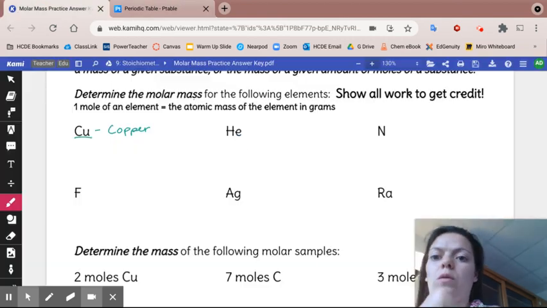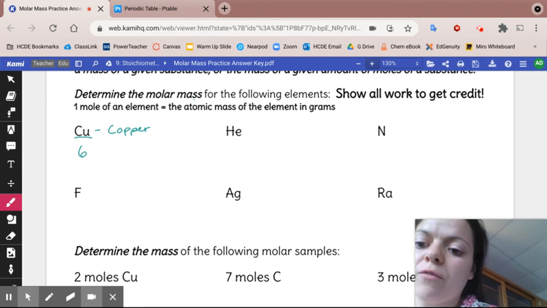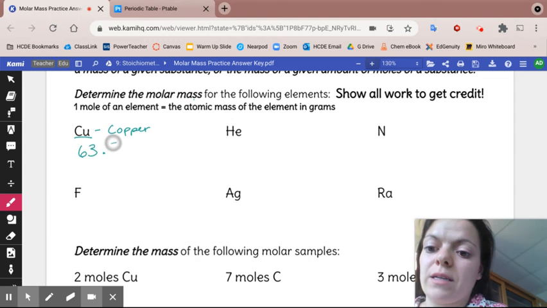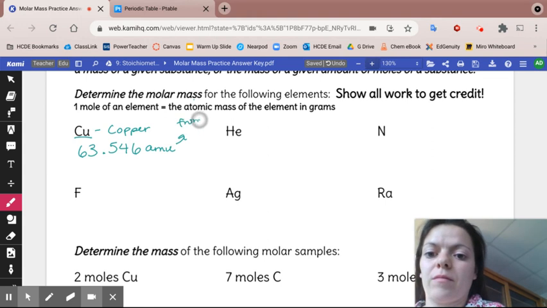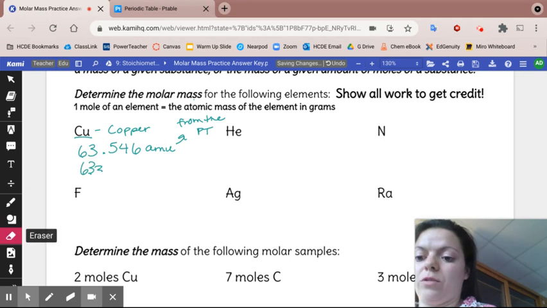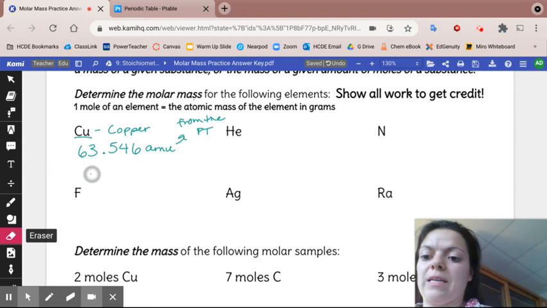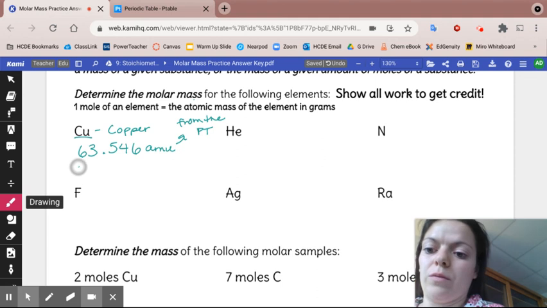Let me look at that number again. So I have 63.546. So for copper, my atomic mass is 63.546 AMU. I get that from my periodic table. Okay, and then I don't have to do anything. I am just representing this in units that I will then be using later to help me out with mole conversions.